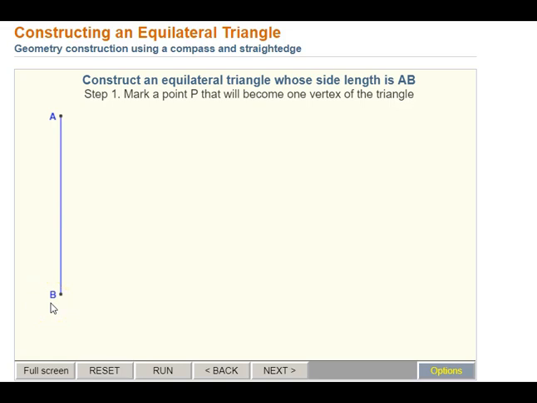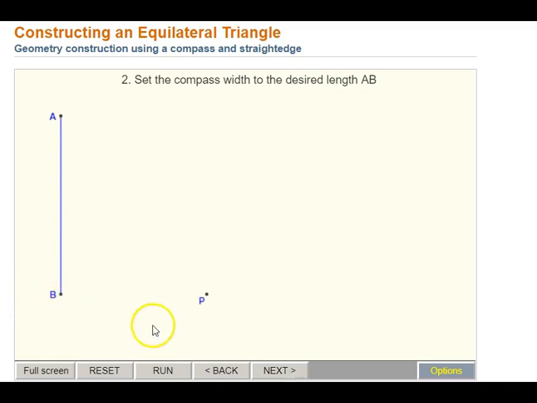Mark a point P that will become one vertex of the triangle. So down here, I would say even with point B, make point P.